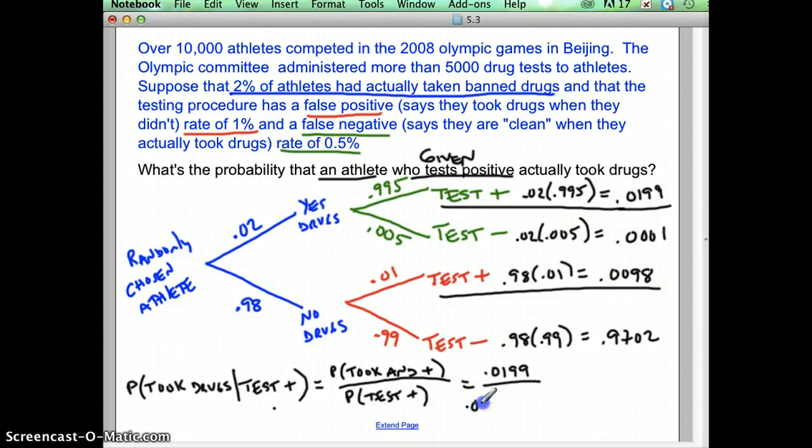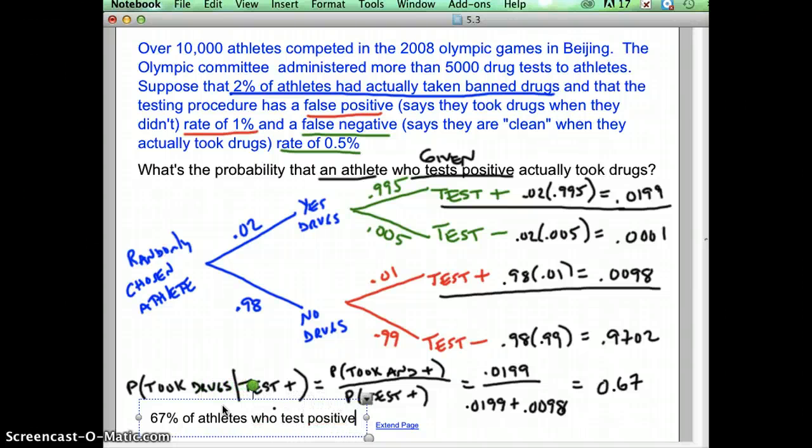So it'd be 0.0199 plus 0.0098. Okay, and when you type that in your calculator, you're going to get 0.67. So that would be, let me try to type it out. Maybe that'll look a little nicer. 67% of athletes who test positive actually took drugs.